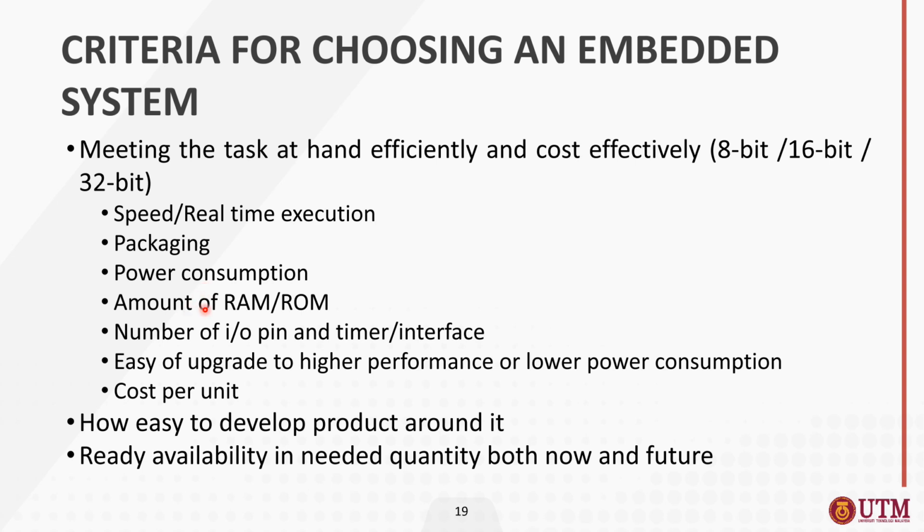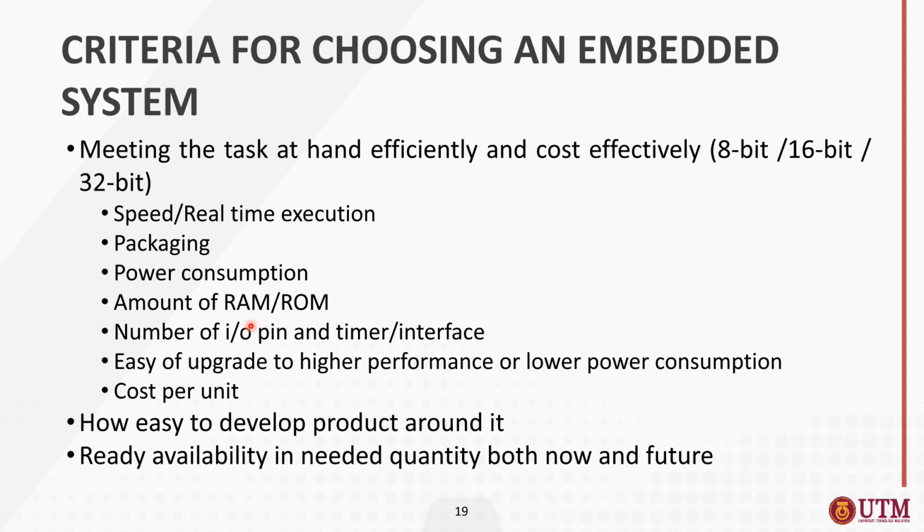And then the amount of RAM and ROM, the number of I/O pins and timer interfaces. In terms of I/O pins, it is also important. If you know how many sensors and actuators your system has, you must choose an embedded controller which can suit your system. For example, if you have 5 sensors and 5 actuators, you cannot use an embedded system which has less than 5 inputs and outputs, because you cannot connect some of the sensors as you don't have enough input-output.